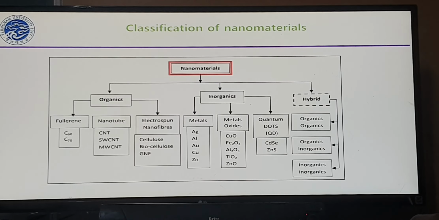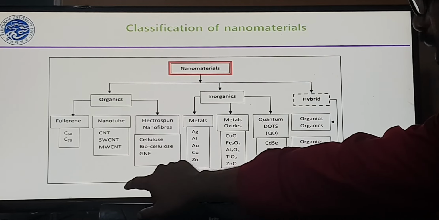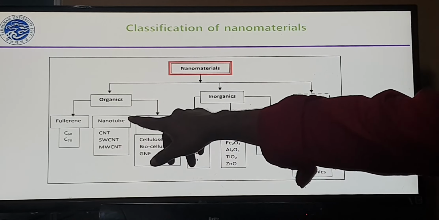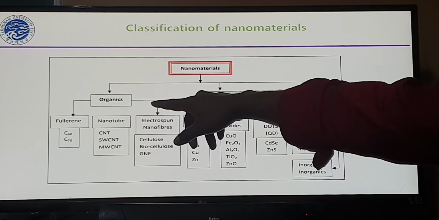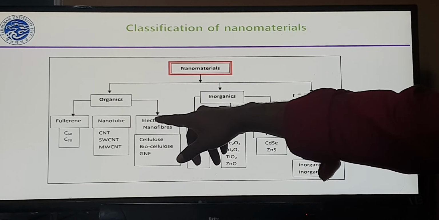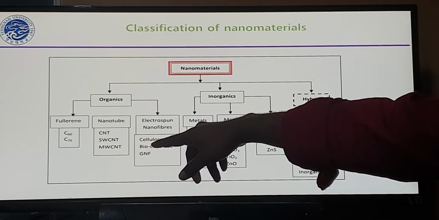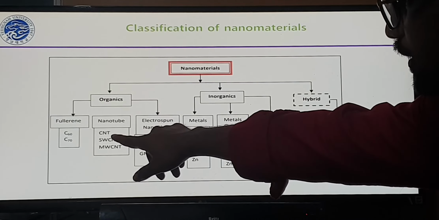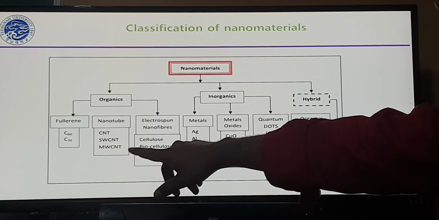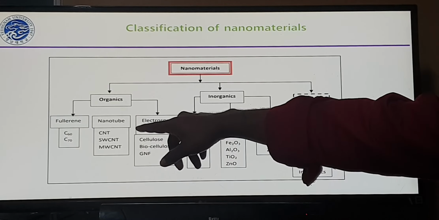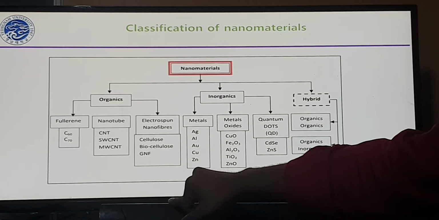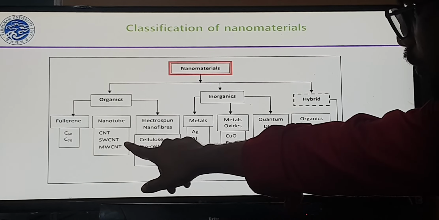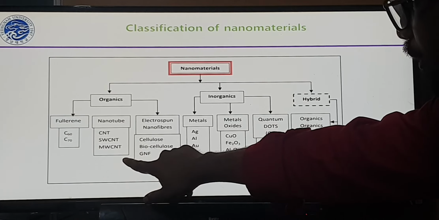Among organic materials you can observe fullerenes, that means C60, C70, also called buckyballs, and nanotubes. Based on morphology, we have carbon nanotubes, CNT. Of these, we have two kinds: single-walled carbon nanotubes and multi-walled carbon nanotubes.